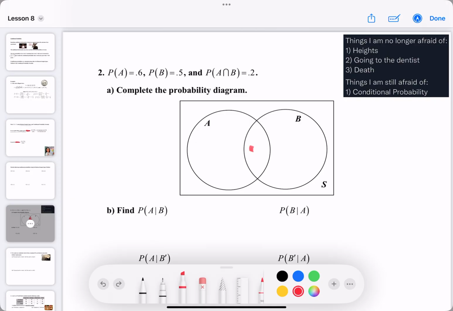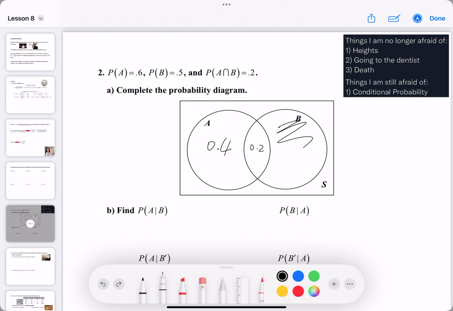So here is 0.2. I know all of the A probability is 0.6. So this section is 0.6 minus 0.2 is 0.4. This is the section here, 0.4.